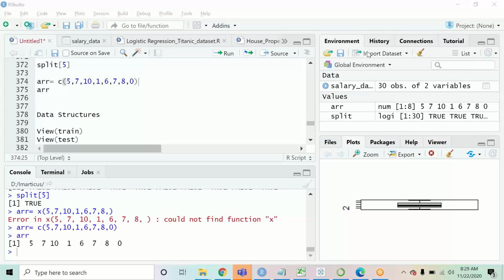Right, Hamid. So what you have shared is correct. So Rishabh, you have also shared.